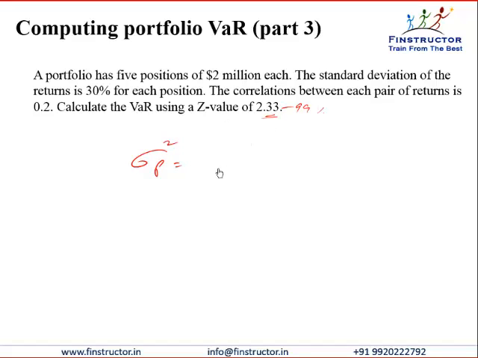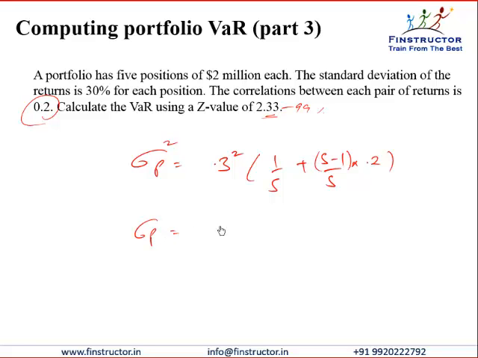That will be the standard deviation of the return of each position, that is 0.3, into 1/n plus (n minus 1)/n into the average correlation, which is given to be 0.2. So this will be the variance of our position.